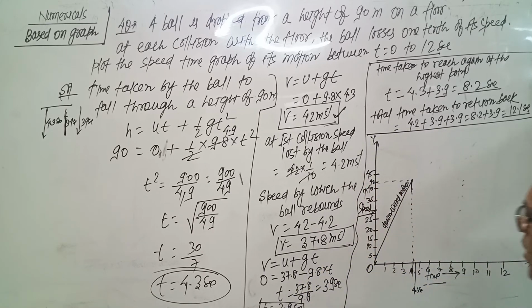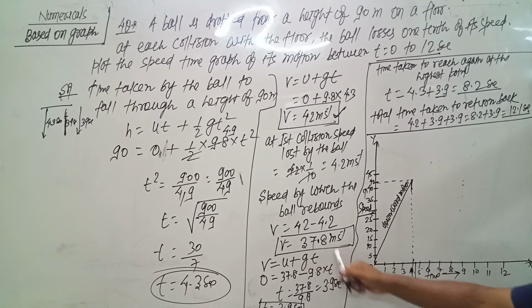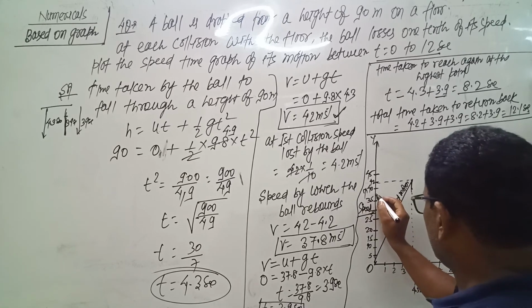Now the ball loses its speed, and its speed becomes 37.8 meters per second.